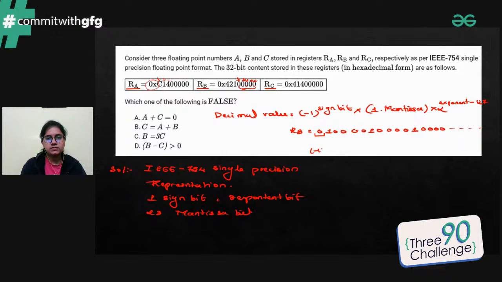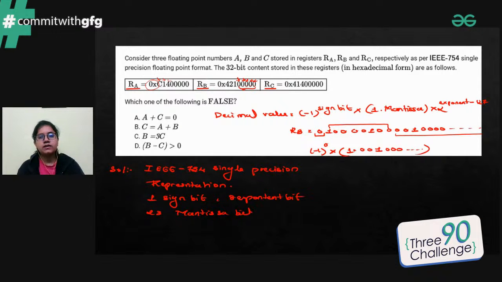So here for RB, the sign bit is 0. Now the exponent will be 1, 2, 3, 4, 5, 6, 7, 8, so up to here the exponent will be there, and from here we will have the Mantissa part. The Mantissa is 1 dot 0, 0, 1, 0, 0, 0, and so on.